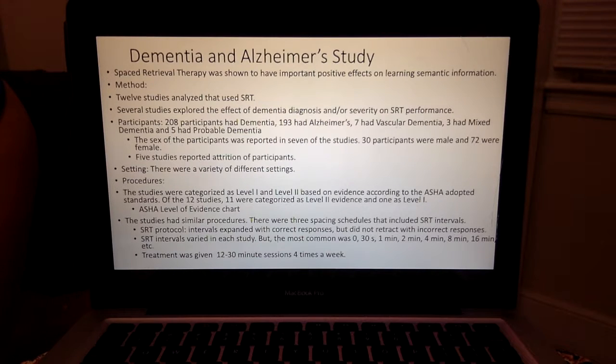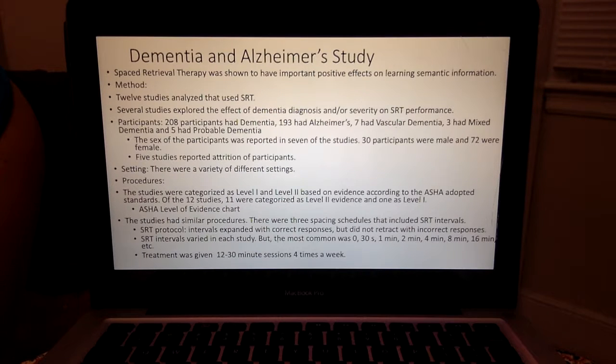There was a variety of different settings, and these studies were characterized by level 1 and level 2 based on the evidence according to the ASHA adopted standards, called the ASHA level of evidence chart, which we'll look at in just 1 second.